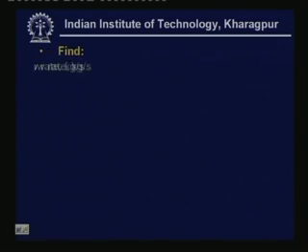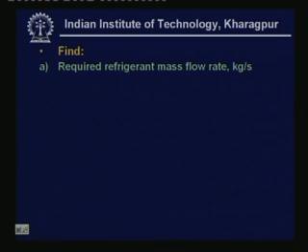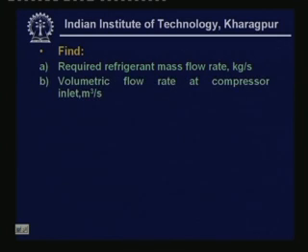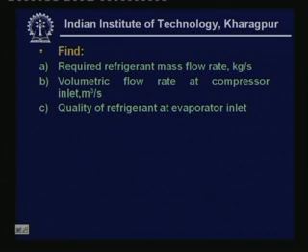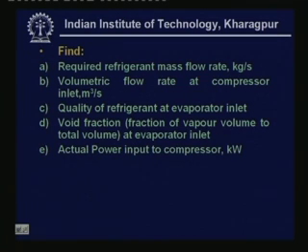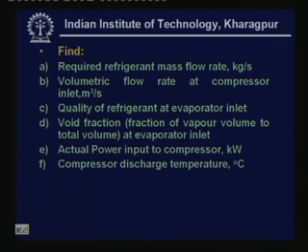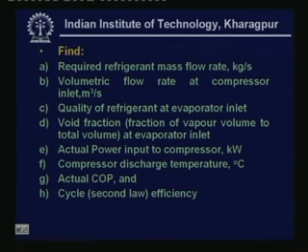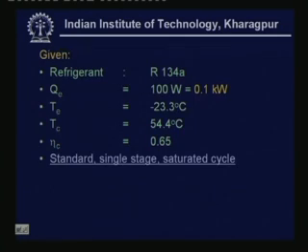From this information, we have to find the required refrigerant mass flow rate in kg per second, volumetric flow rate at compressor inlet in meter cube per second, quality of refrigerant at evaporator inlet, void fraction at evaporator inlet, actual power input to compressor in kilowatts, compressor discharge temperature, actual COP, and finally the cycle or second law efficiency.